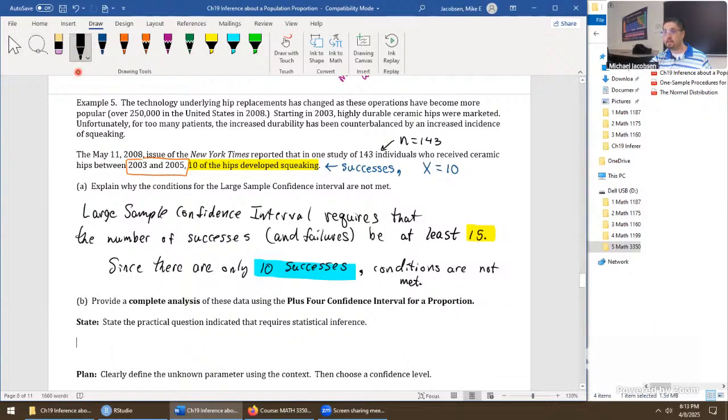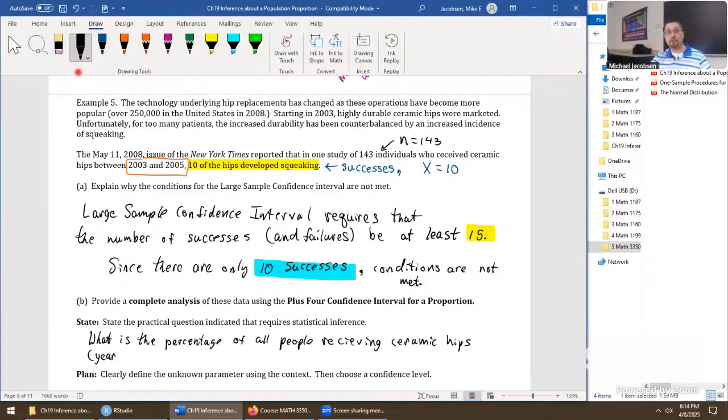So let's say here, for state, it might be something along the lines of, what is the percentage of all people receiving ceramic hips, just to include the temporal component, years 2003 to 2005, that began squeaking. So that's what we would like to estimate in this kind of problem.